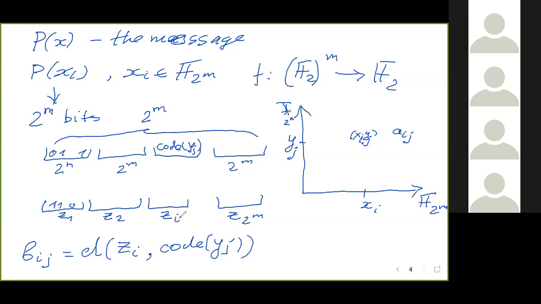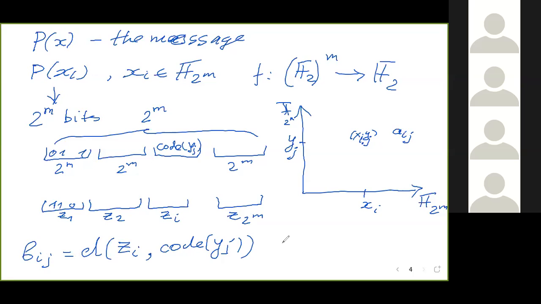So this is known to us, but this is not. So we consider all possible code words, and for each code word and for each number of block, we consider this number. This is a natural number. And using this number, we compute multiplicities.